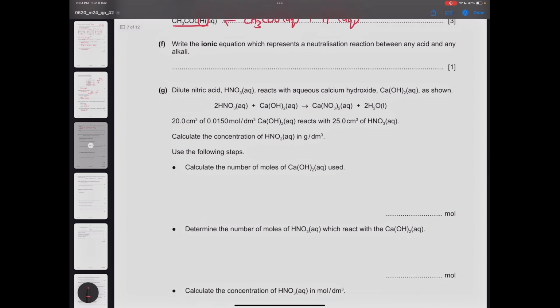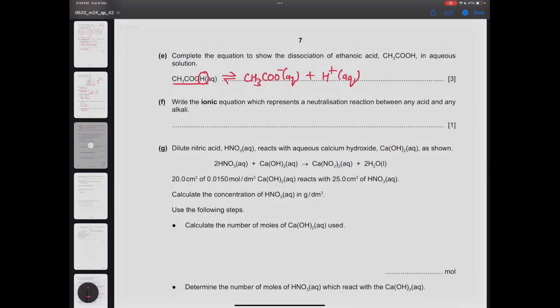Now, write the ionic equation which represents a neutralization reaction between any acid and any alkali. Now, any acid, any alkali, let's say we are picking the general example, NaOH plus HCl. So what happens here? Na plus and OH negative, H plus and Cl negative.